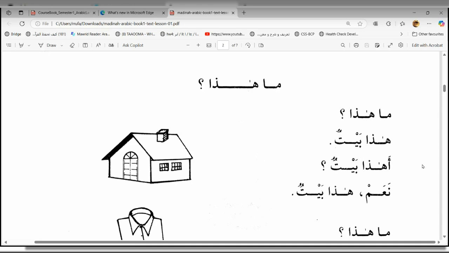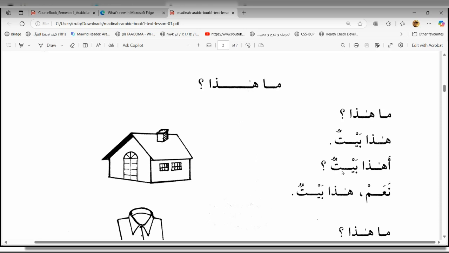Another way to ask a question is to ask for confirmation. Is this a house? One way to do it is to use the hamza. This hamza here is turning the sentence hadha bayt into a question.